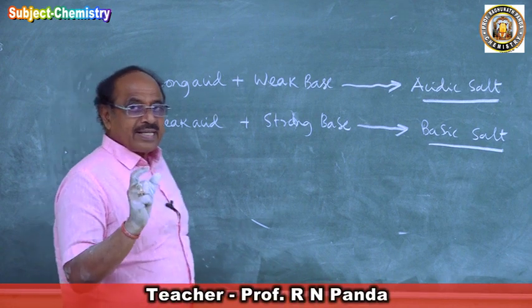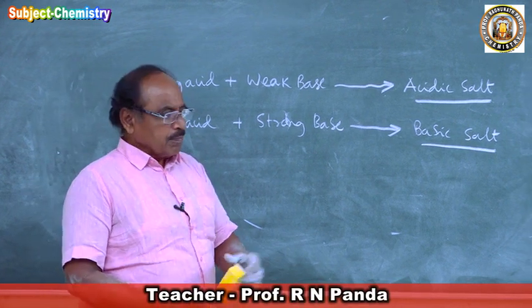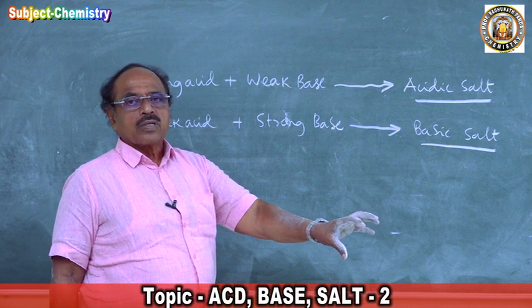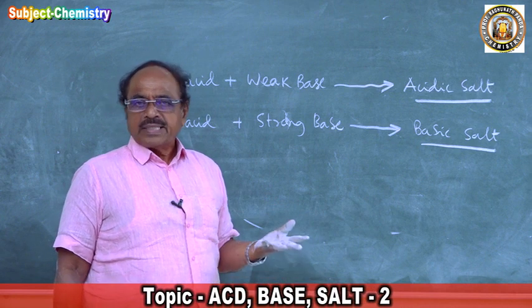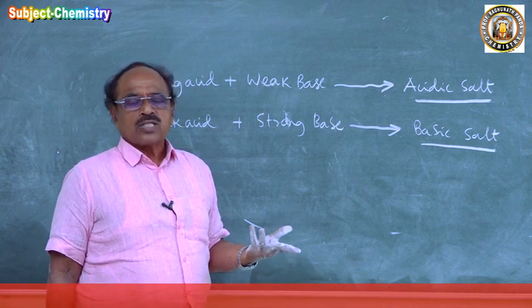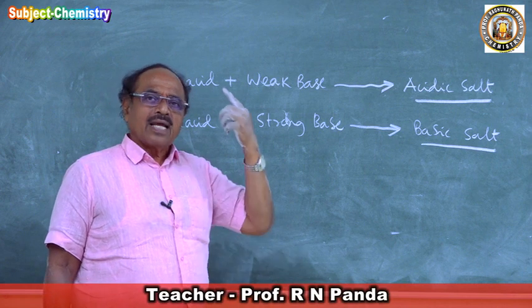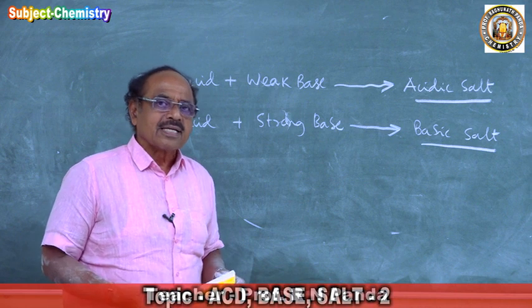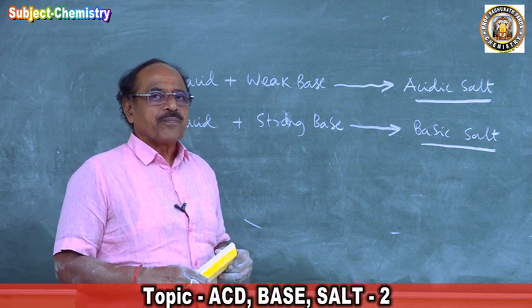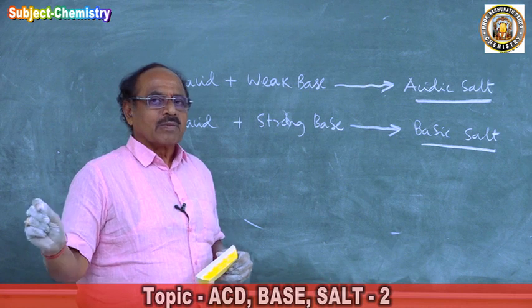So when we write chemical equations, we will look at the compound, whether it is an acid, a base, a salt, an acidic salt, or a basic salt. Then our mind will instruct us that the reaction will take place like this and the product will be like this.